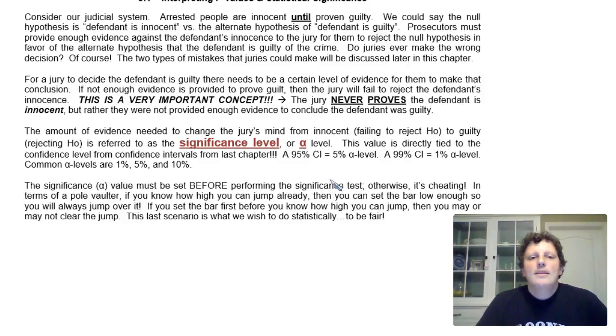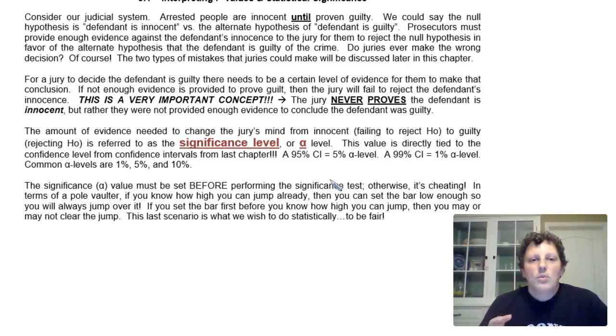If not enough evidence is provided to prove guilt, then the jury will fail to reject the defendant's innocence. This is a really important concept. The jury does not prove the defendant is innocent. Their job is, based on the evidence, to conclude that he was guilty or not guilty.